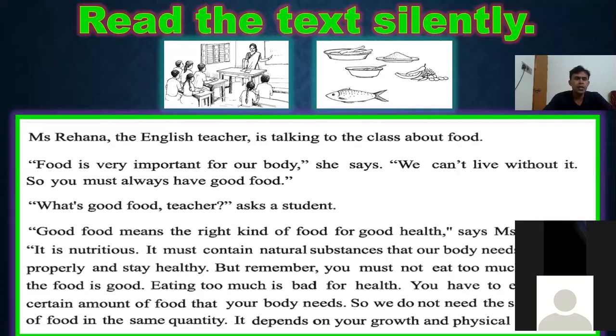Have a look. Miss Rehana, the English teacher, is talking to the class about food. Yes, I am saying talking to. If I want to say in Bangla, আমি তোমার সাথে কথা বলতে চাই, I want to talk to you. Talk not with you, talk to you.